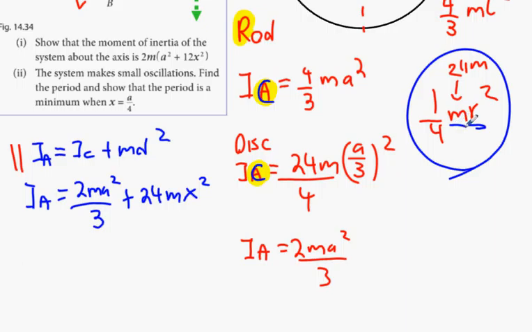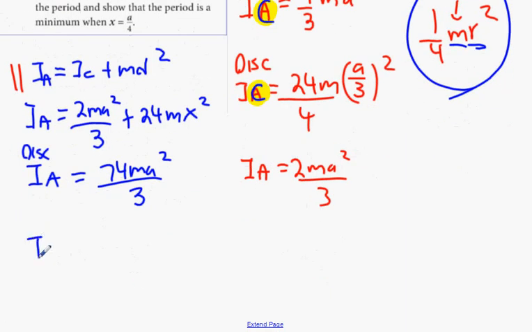I'm adding them together to find out what I total is around a. So I total, oh sorry, still haven't found IA of the disk. Still on IA of the disk. IA of the disk is going to be the two of them added together. What is the two of them added together? It's going to be 74 MA squared over 3.